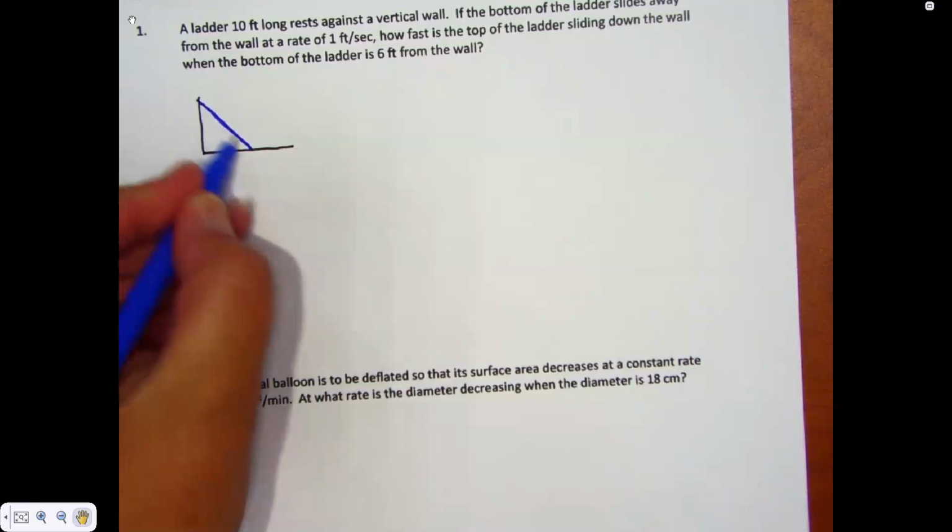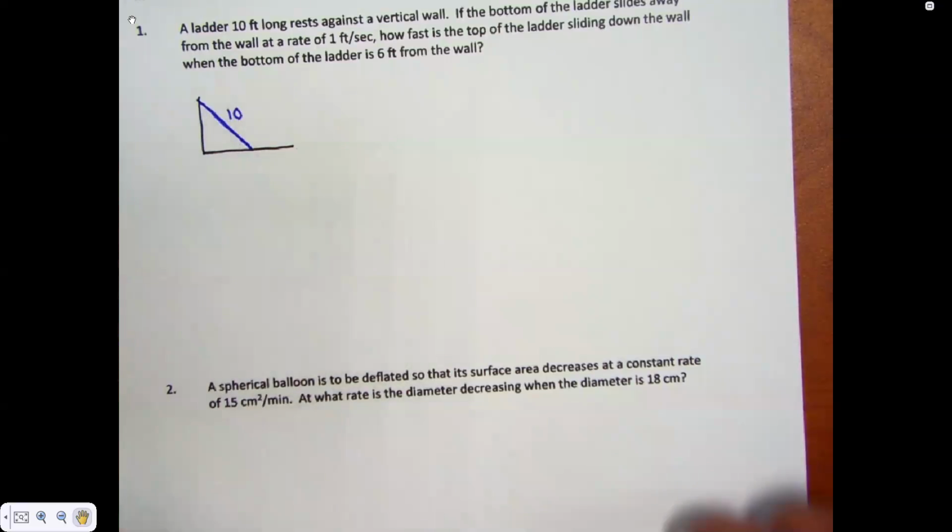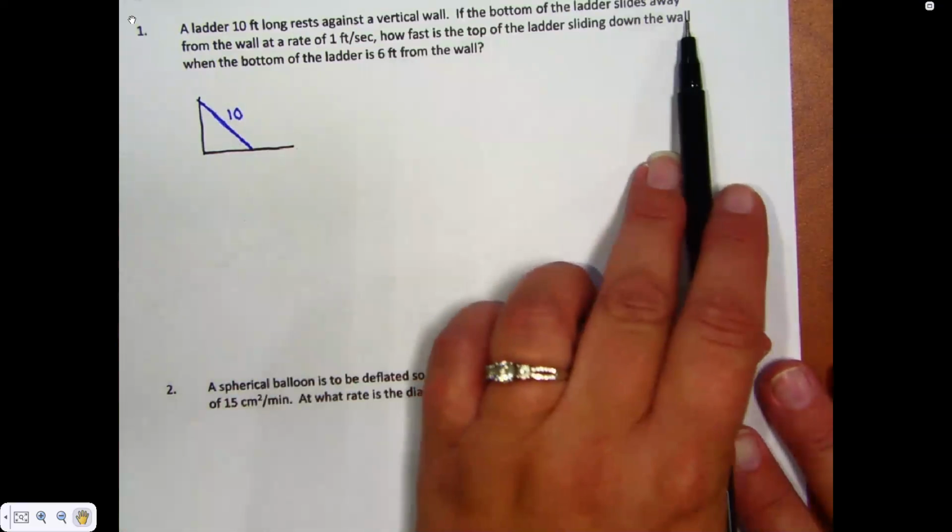The ladder is the blue, and it's 10 feet long. Now, no matter what happens in that problem, is the length of the ladder going to change? No. So that's something that we'll be able to use right away. Okay, what else does it say?